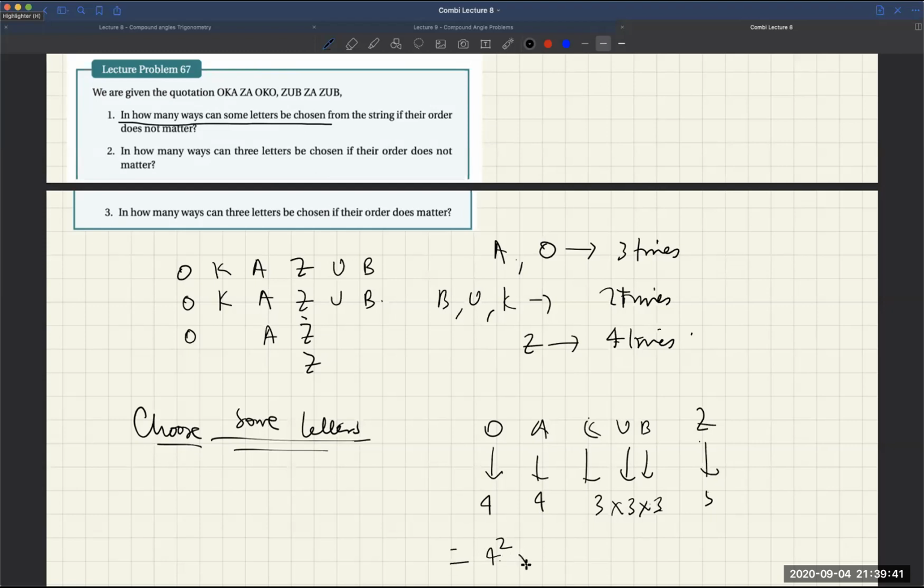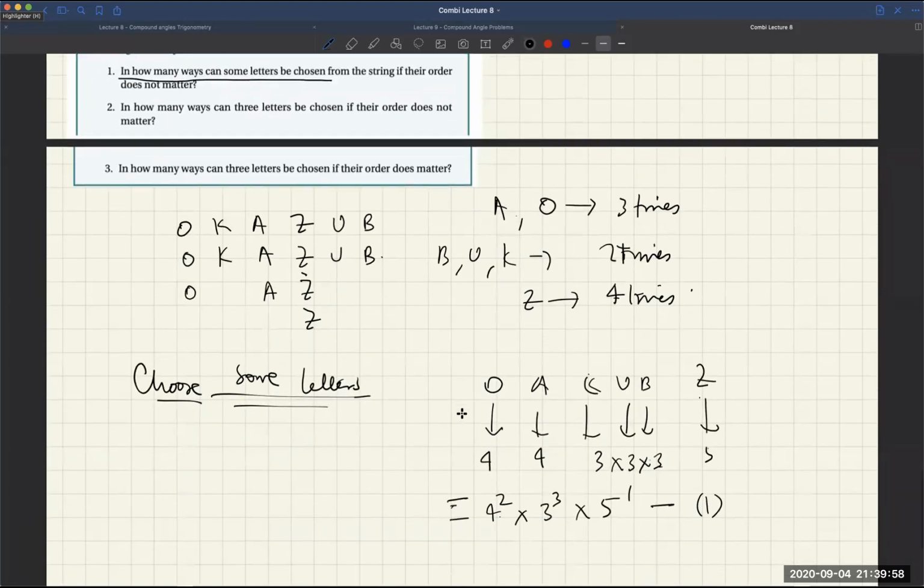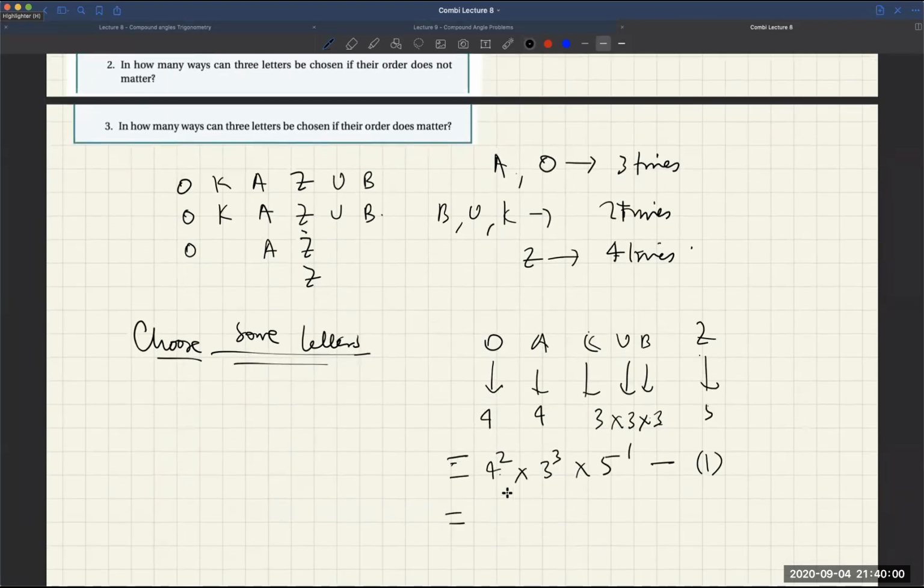So in all, we are getting 4 square into 3 cube into 5 ways. This many ways is the total, and we have to subtract one way from it where none of them are chosen, because then you are not choosing anything. They have said that you are choosing some letters.